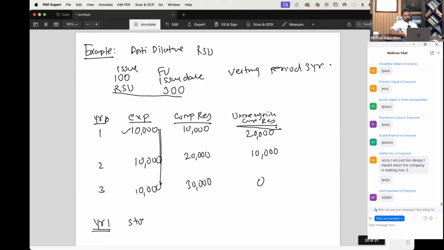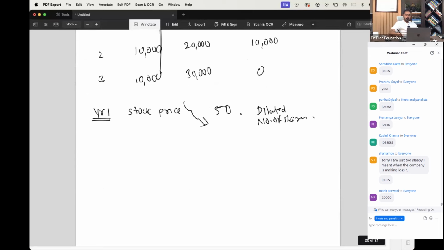Let's assume year 1. The stock price has fallen down dramatically to just 50 rupees a share. Now we have to calculate the diluted number of shares. So how will I calculate it? Look at this. Number 1, assume RSUs issued.